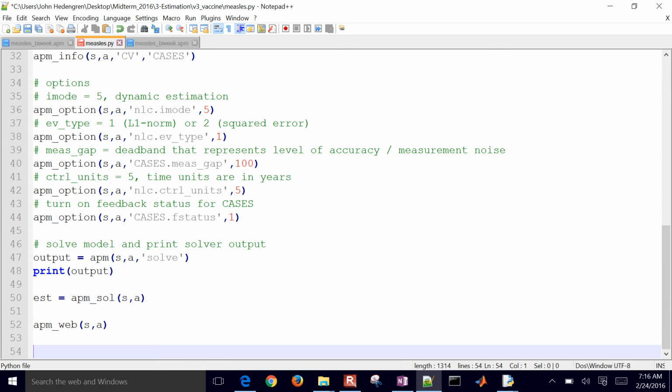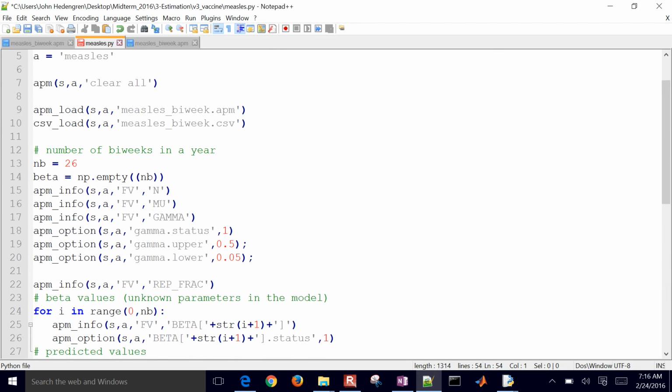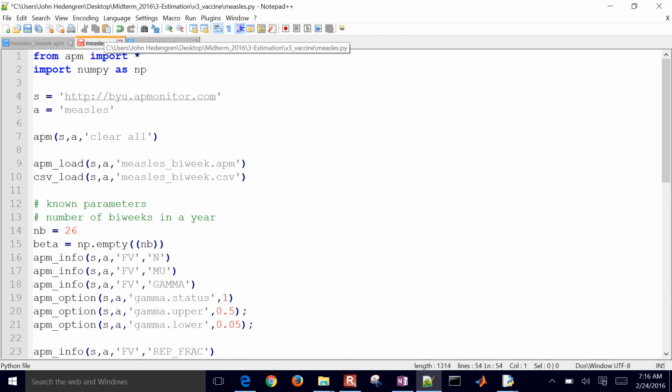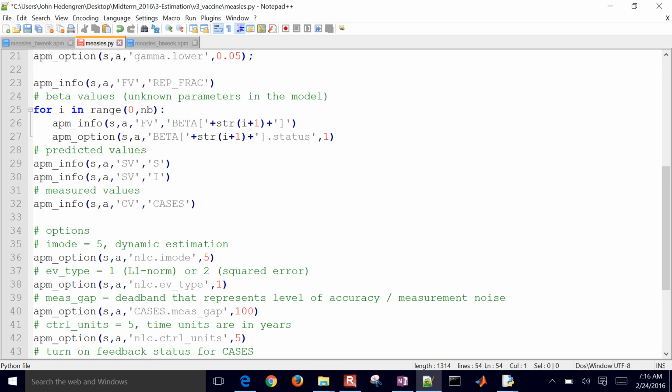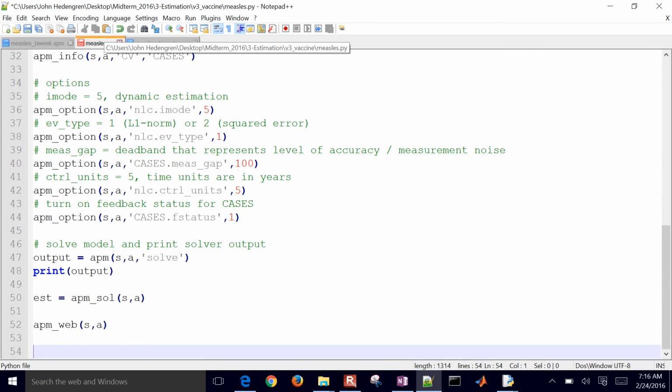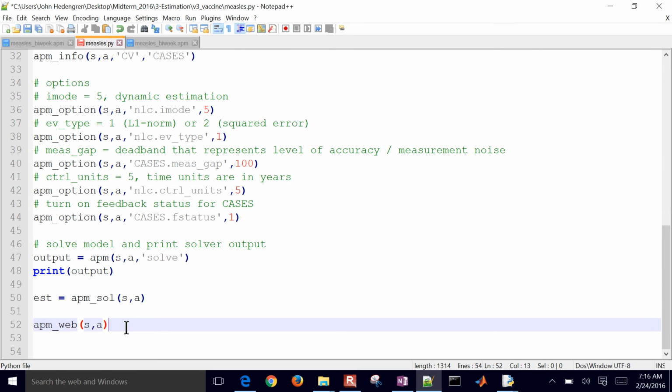Okay, so now let's come into this, our Python file for doing the estimation. Now let's just augment this. So after this point right here, we're going to have estimates of our beta and gamma values. So those are the only things that we want to use for this next phase of let's now change what happened over those 3 years.